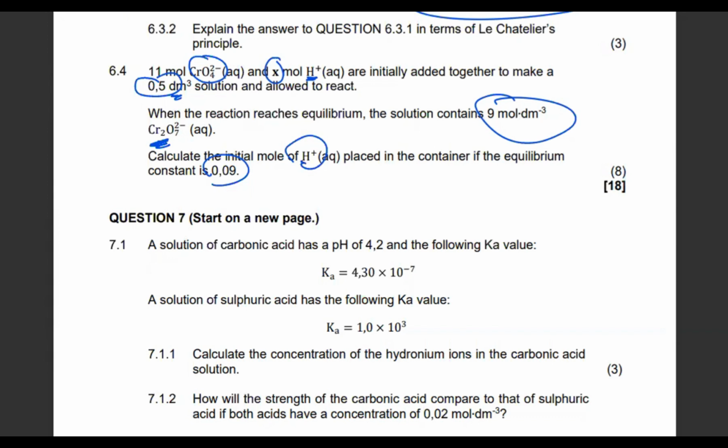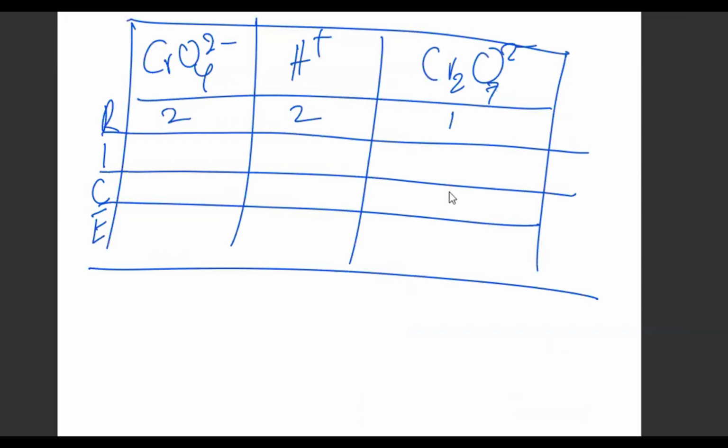So now it means that if it is 9 at equilibrium, I will know that we have 9 of dichromate at equilibrium.